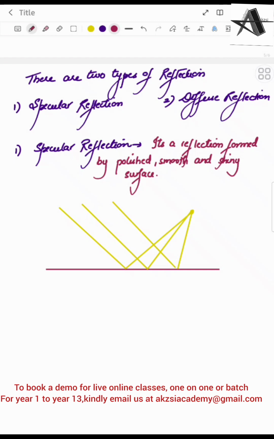If I'm talking about perfect specular reflection, you cannot get it naturally. You can get it in a man-made setting, but naturally it's not that possible. But still you can say still waters are an example of nature's ability to produce this type of reflection. If I talk about the image, what kind of image is formed? A very defined and clear image is formed.